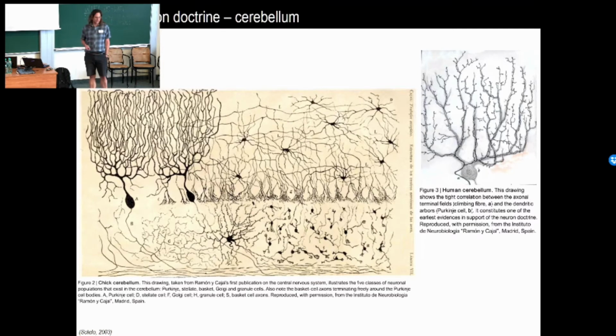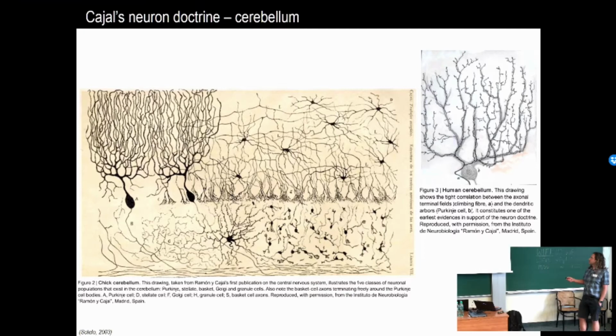In particular, Ramon y Cajal was able to use the Golgi stain that stains randomly a very small subset of neurons to postulate that the nervous tissue is made of single neurons that have a dendritic tree as an input and an axon as an output.